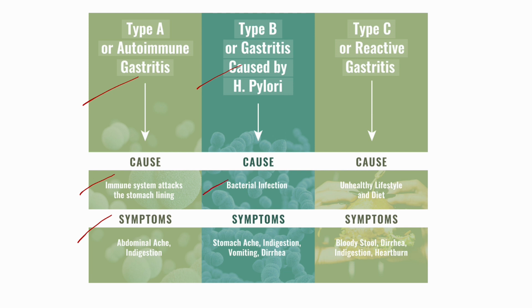It's a bacterial infection and normally mas grabe yung symptoms niya: stomach ache, indigestion, vomiting, and diarrhea. Type C is reactive gastritis, usually caused by an unhealthy lifestyle and diet, and may present with symptoms of bloody stool, diarrhea, indigestion, and heartburn.